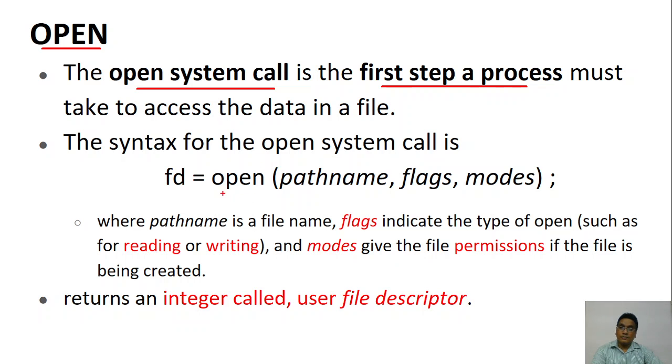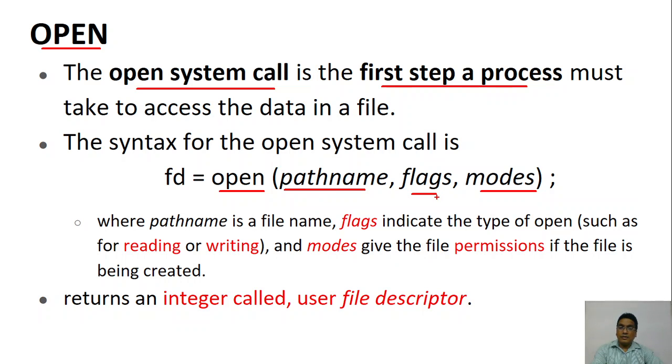The syntax for the open system call is the word open followed by a parenthesis, and then the path name where the file exists, the flags that I use for opening, and the mode in which we want to open the file. The path name refers to the path of the file, which includes even the file name.